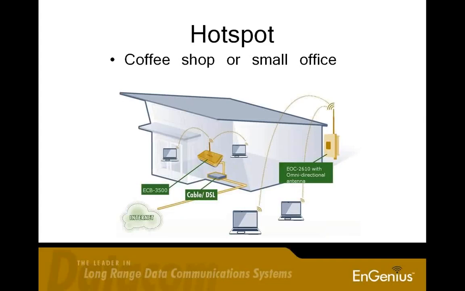You can think of an access point also as a hotspot. This is usually the common term used at a coffee shop or small office, but it's still the same basic concept, whether it's applied indoors or outdoors.